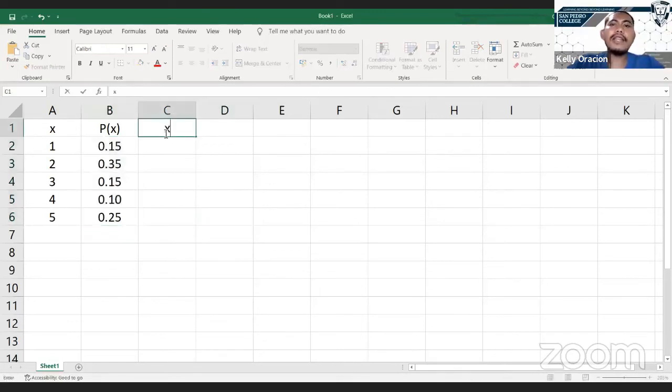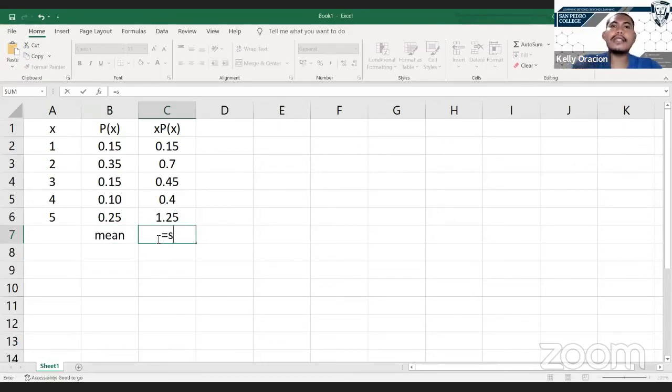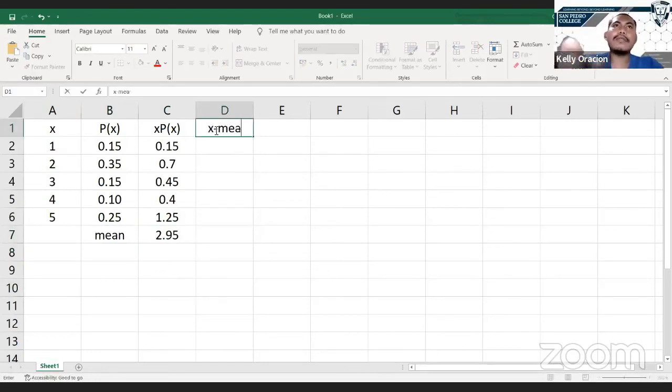Then X times P of X, which you compute. And you will have the mean. The mean is the sum of all of these, which is 2.95. Then this is the X minus mean, then X minus mean squared.